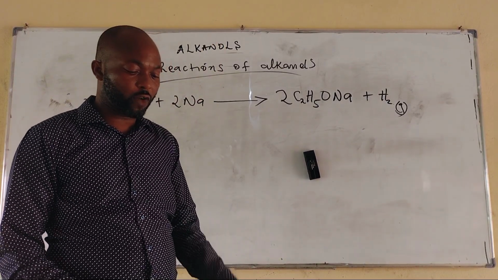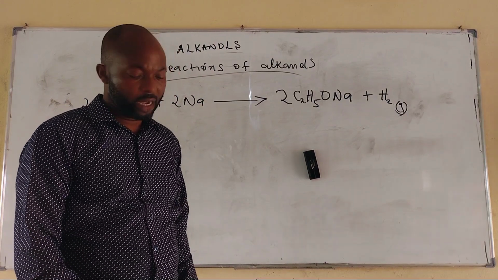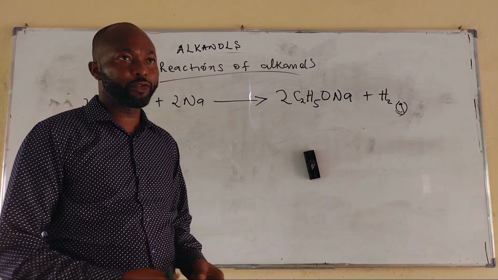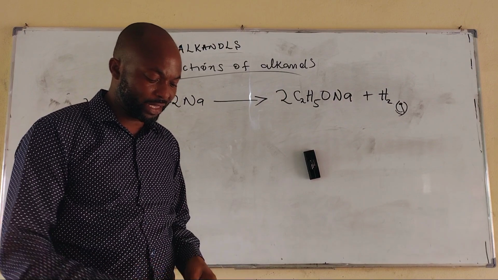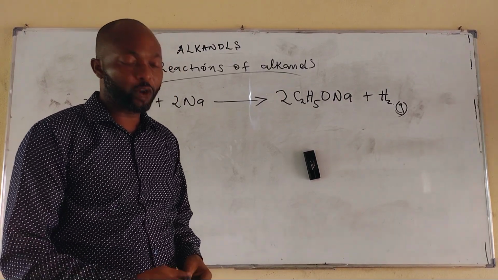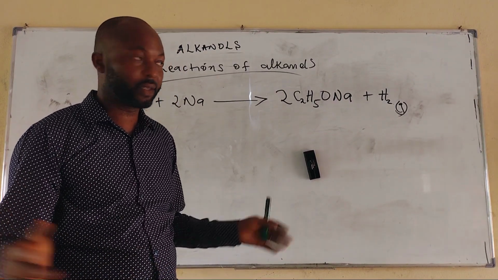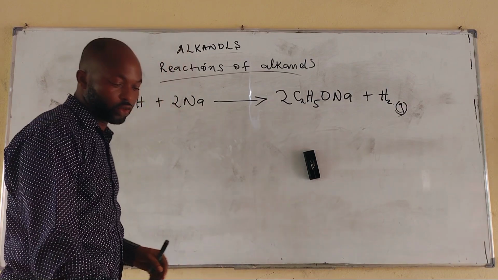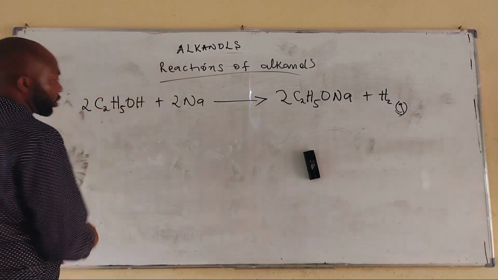Formation of haloalkanes is another reaction. How do we form haloalkanes? Reaction with phosphorus pentachloride. We are going to use ethanol to react with phosphorus pentachloride.